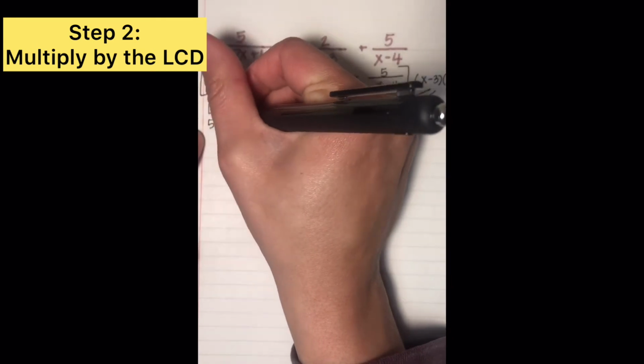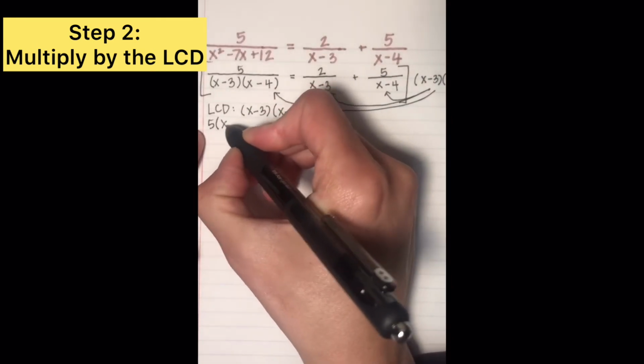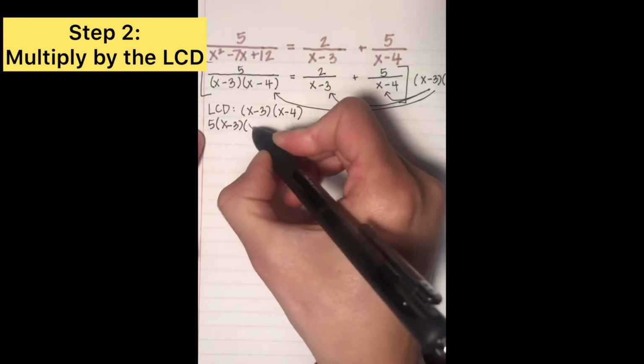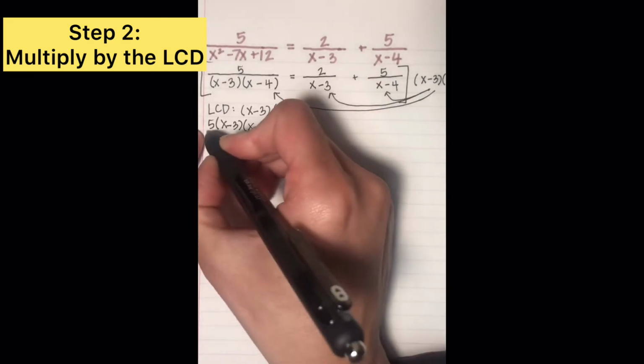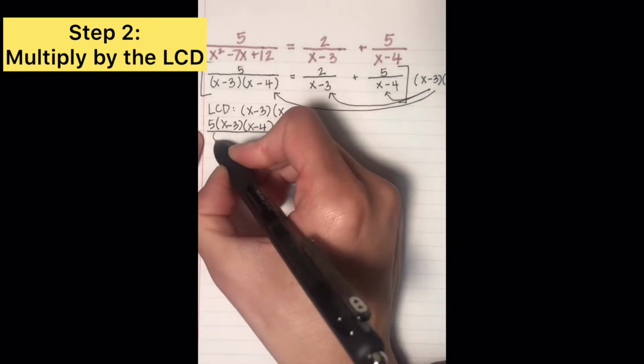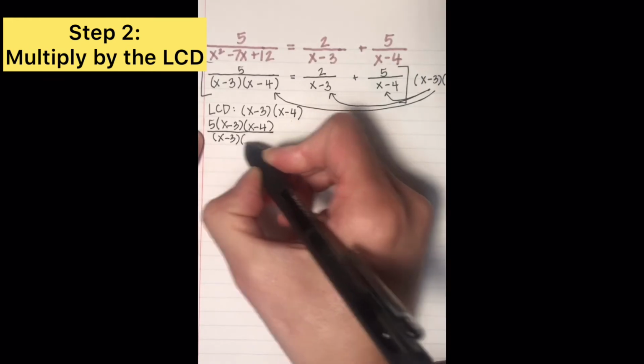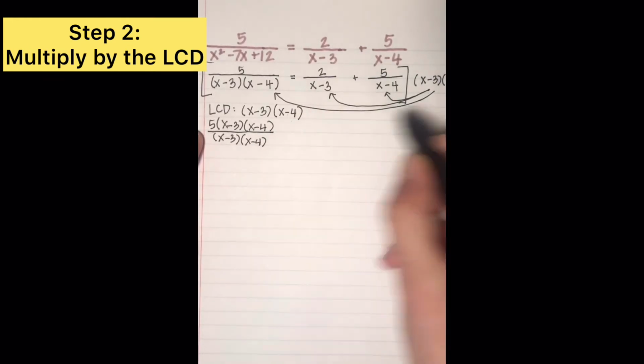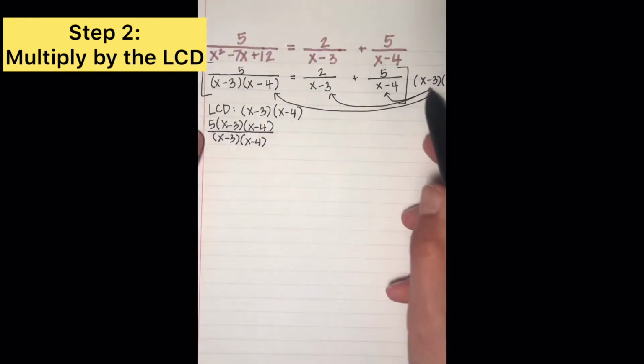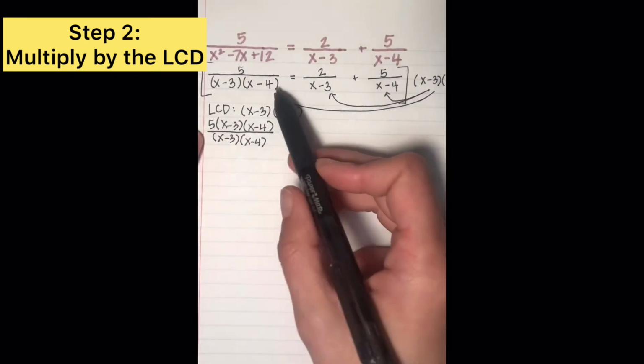We're going to have 5, x minus 3, x minus 4, over x minus 3, x minus 4. When we're multiplying, we're just multiplying the numerators. This is basically like over 1. Numerator or denominator does not change.